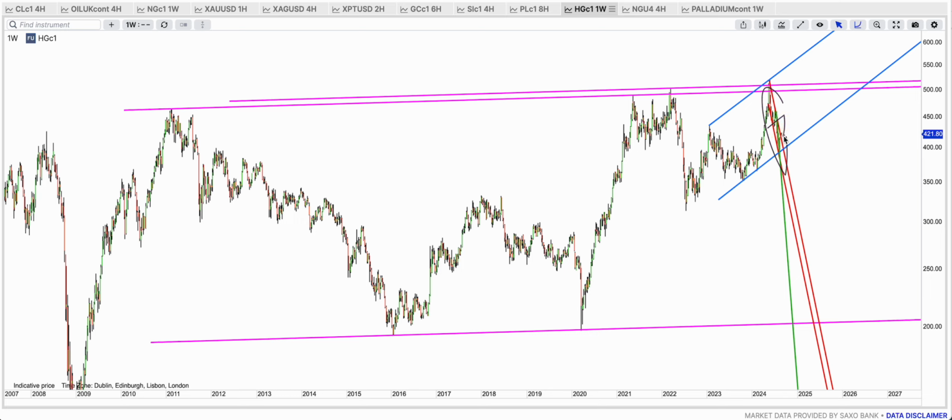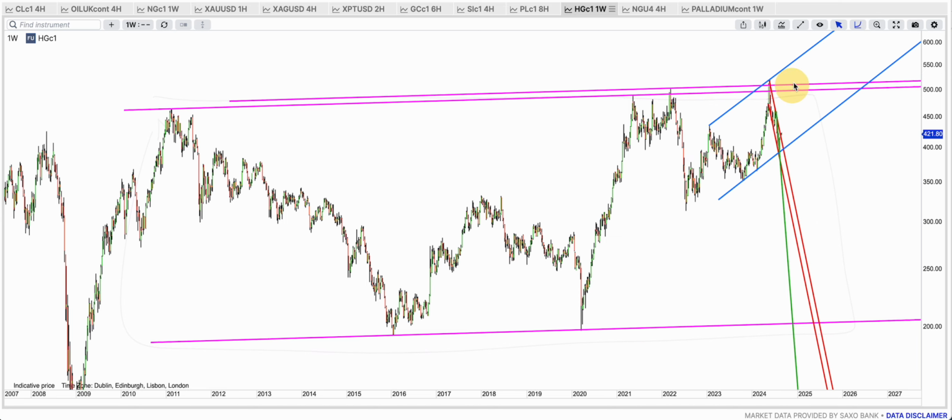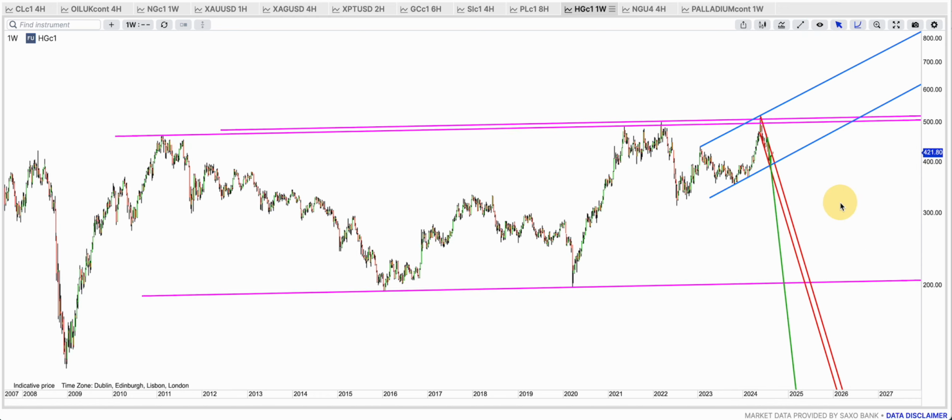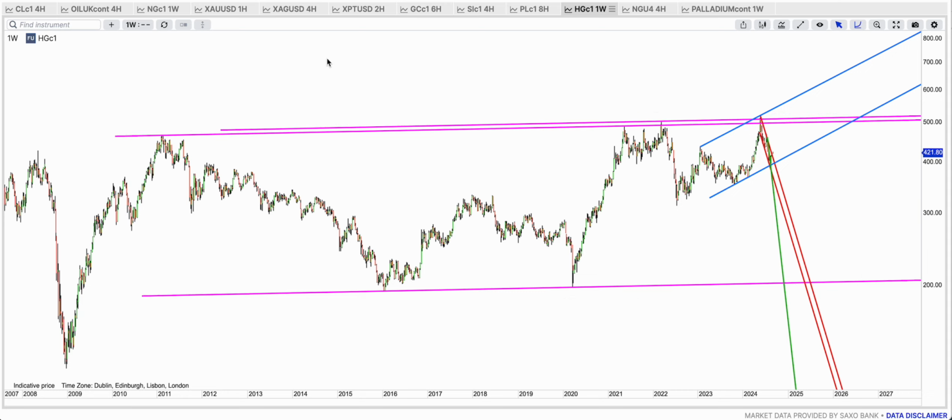It is out of the red bull flag almost at 424. We may get to that 500 again and smash it if it wants to rally. Then anything above 500, 510 is going to target 800 in the coming years. That is the target of this giant sideways channel. That would be the target.